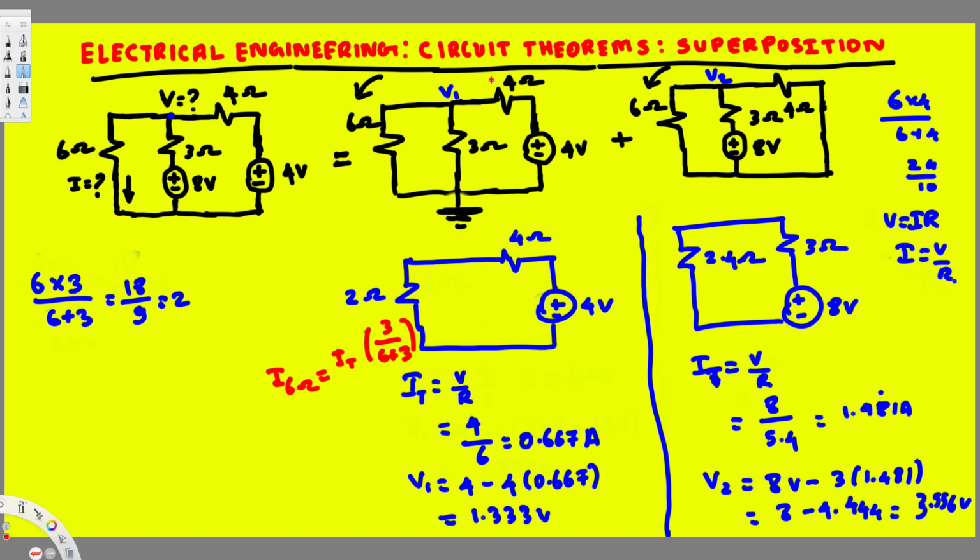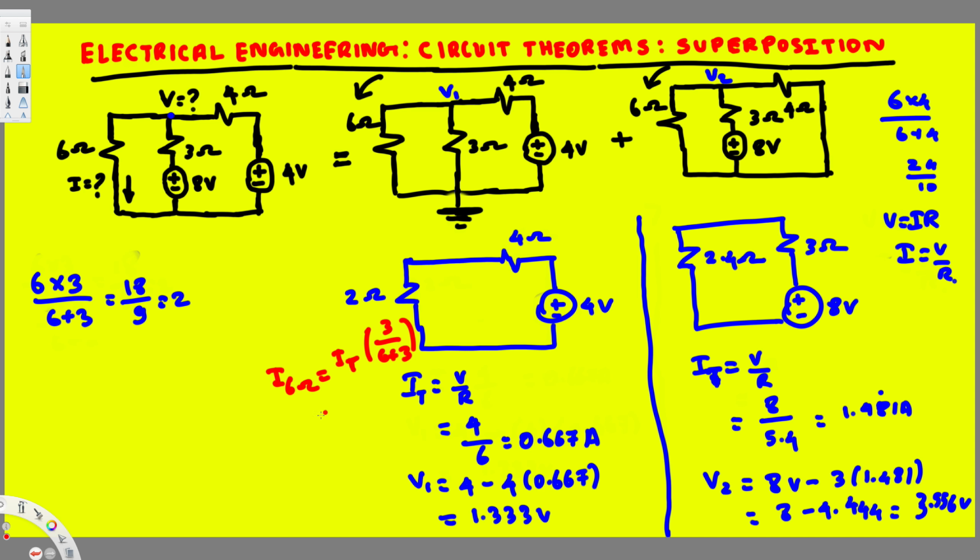Because when the current goes through this one, it's going to split through this 3 ohm and 6 ohm. So if you want to find 6, you have to put 3 on top. If you want to find 3, you have to put 6 on top. So that's how this equation works.